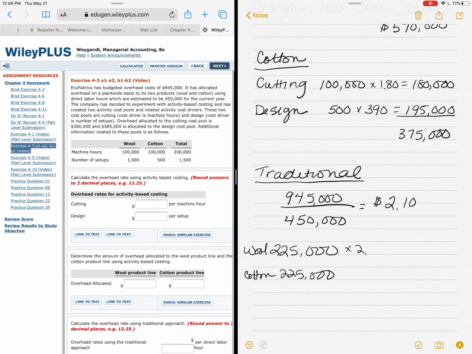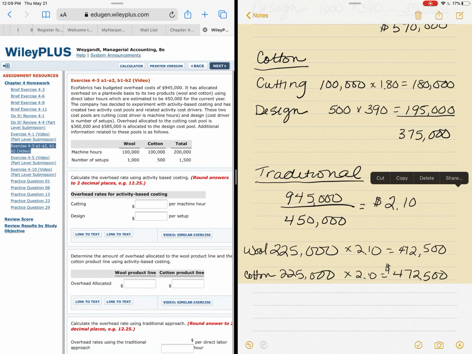And we're going to multiply that by the 210. And you'll see the amount that we apply under traditional base costing would be $472,500 under each product.